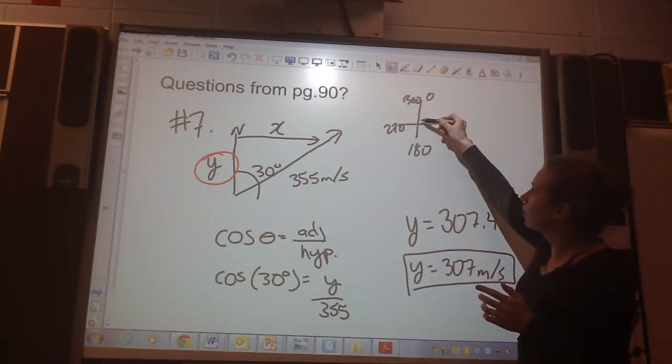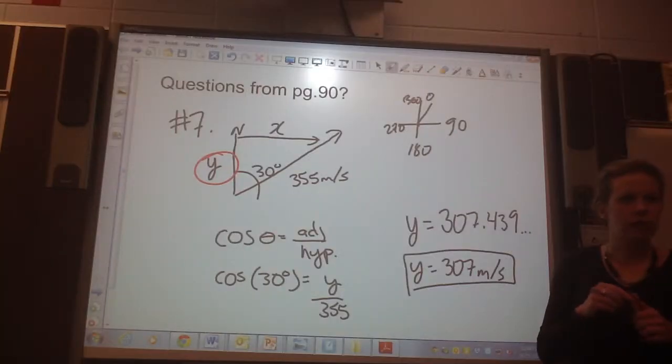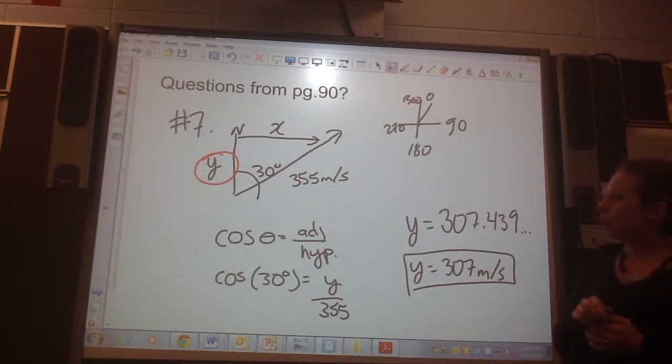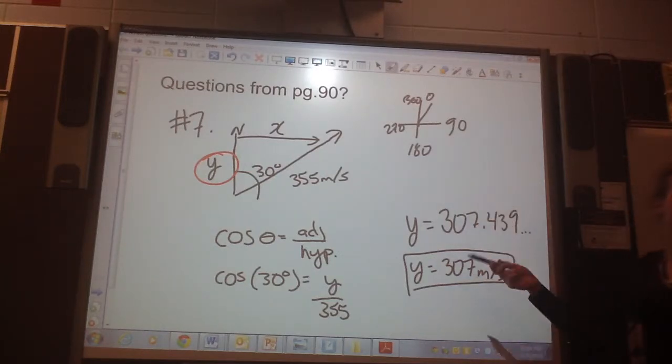You know, okay, 30 degrees fits right here. So in your answer, you wouldn't have to put an angle in there? I don't think so, because it just said what's the magnitude of the y function. Yeah, and so there's no direction.